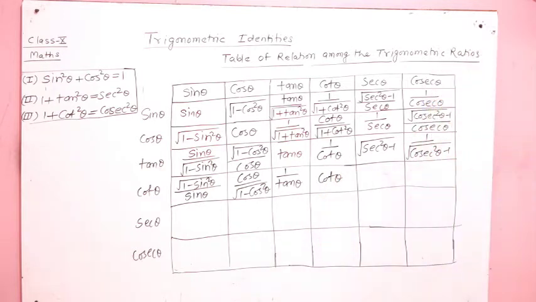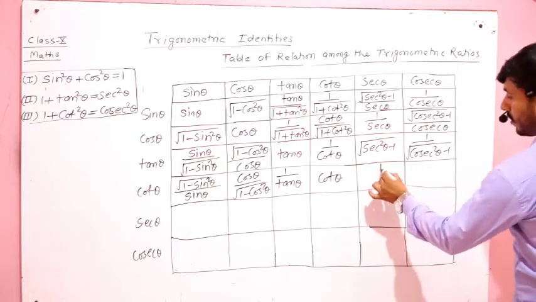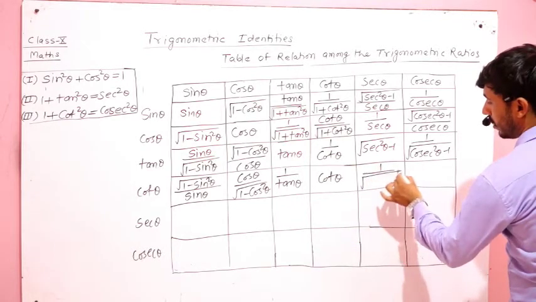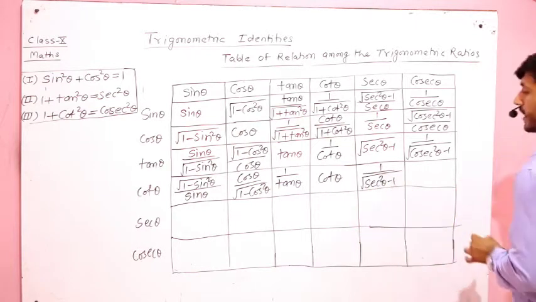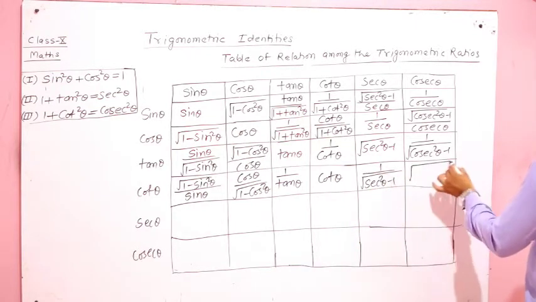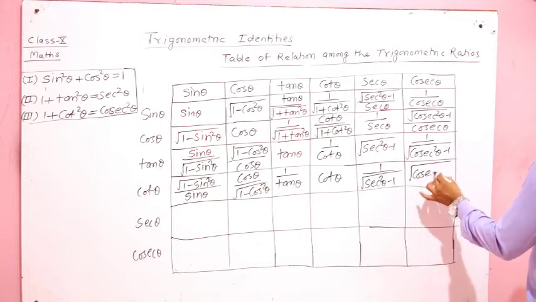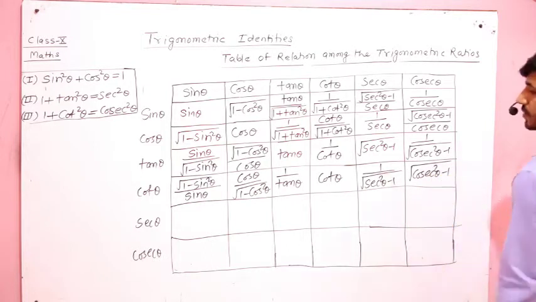Next relation, we have to find cot theta in terms of sec theta, and that can be given as 1 upon root of sec square theta minus 1. Next, we have to find it in terms of cosec, and that can be given as root of cosec square theta minus 1.